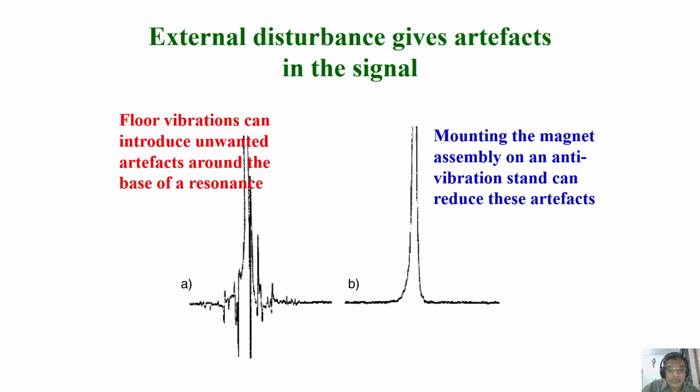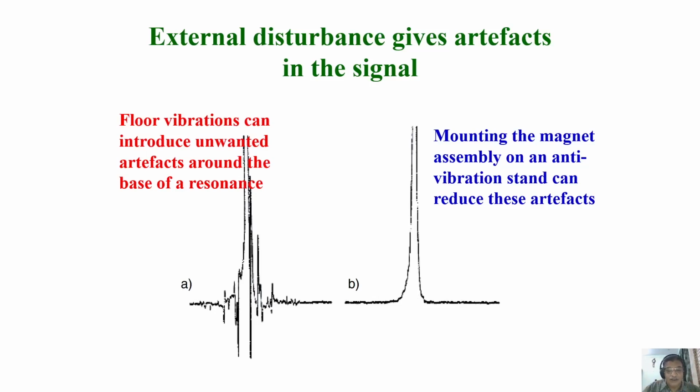Floor vibrations can cause problems. As a consequence, you see the NMR spectrum gets distorted. So you have to ensure the magnet is put in a place which is free from floor vibrations. You will not see the difference sometimes.